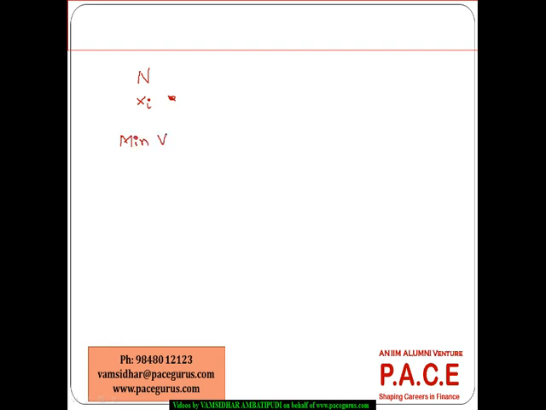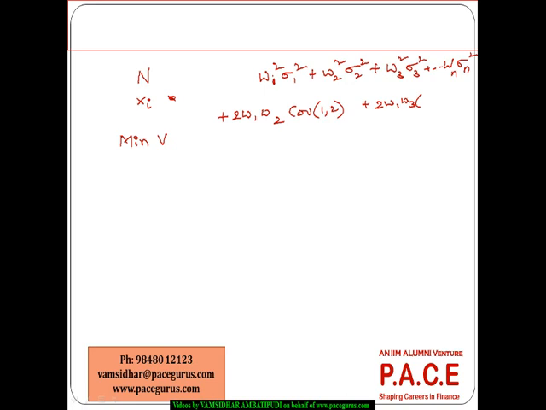And here the variance means W1 squared sigma 1 squared, W2 squared sigma 2 squared, W3 squared sigma 3 squared, whatever up to n, Wn squared sigma n squared, plus 2 W1 W2 covariance between security 1 and 2, 2 W1 W3 covariance between 1 and 3.